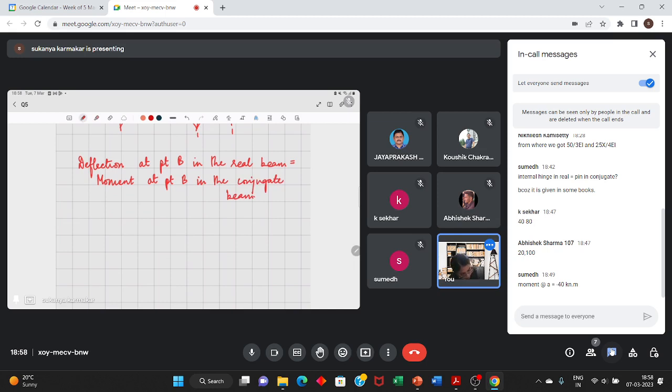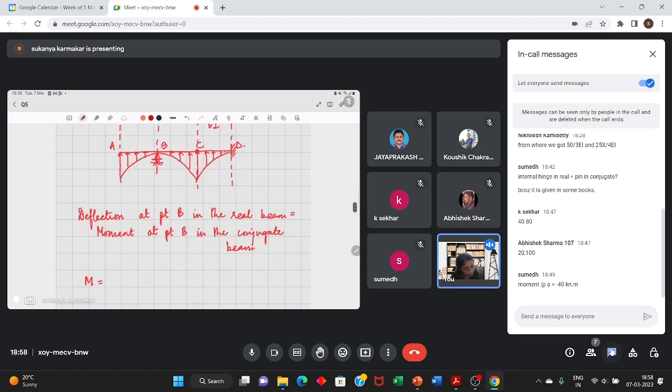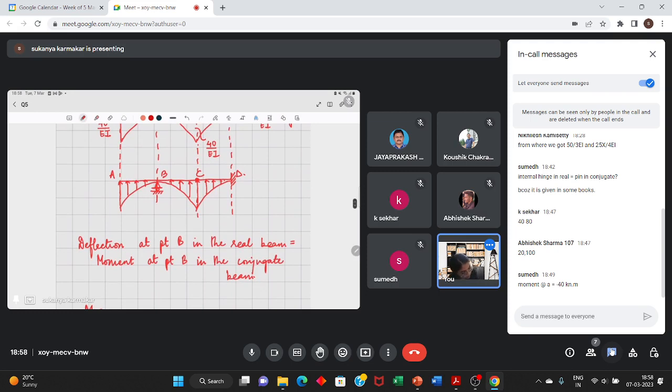So, how will you calculate the moment at point B? Take x from this direction. So, the section will be here about point B. At point B, you'll have to calculate the moment.